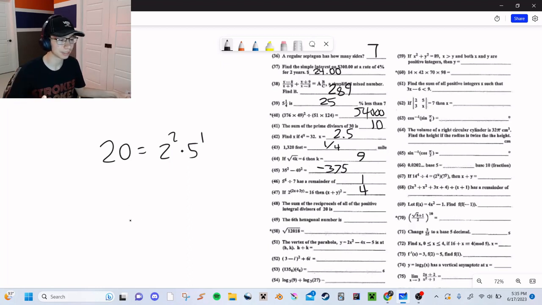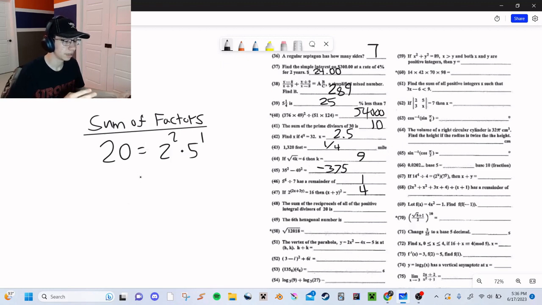How can I do that? I have to use what I get from my prime factorization. So to get the sum of the factors of 20, you're going to look at each of these numbers here.